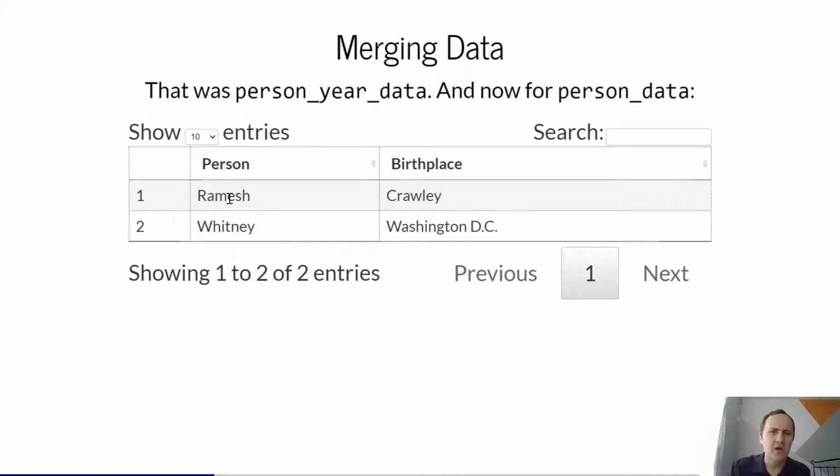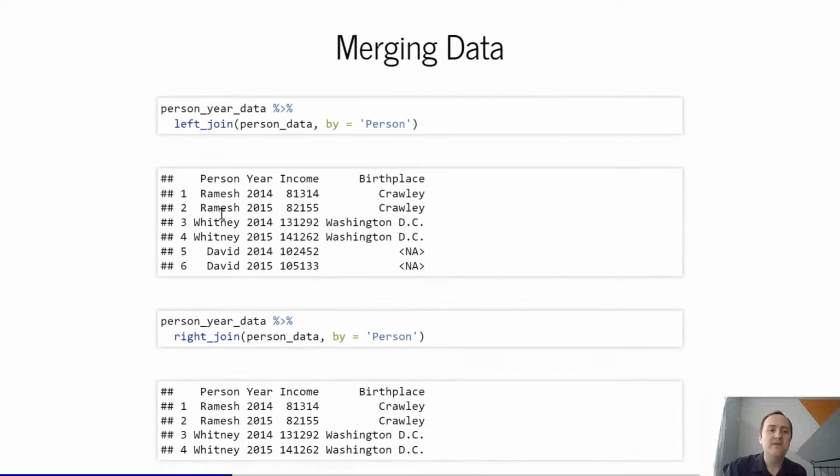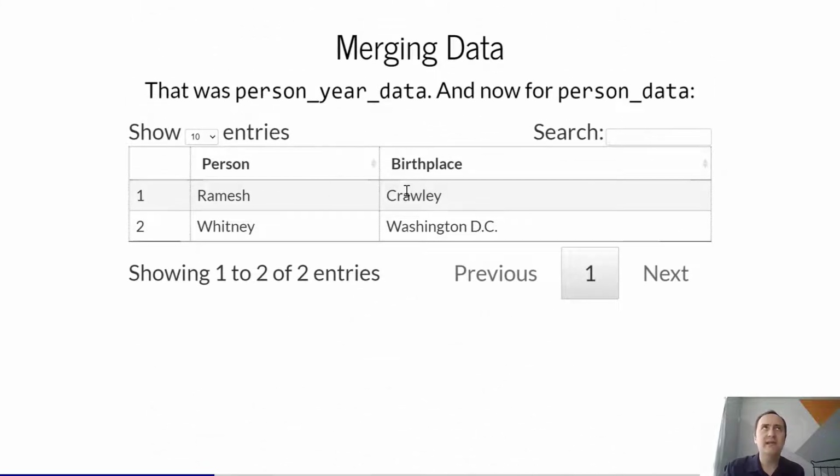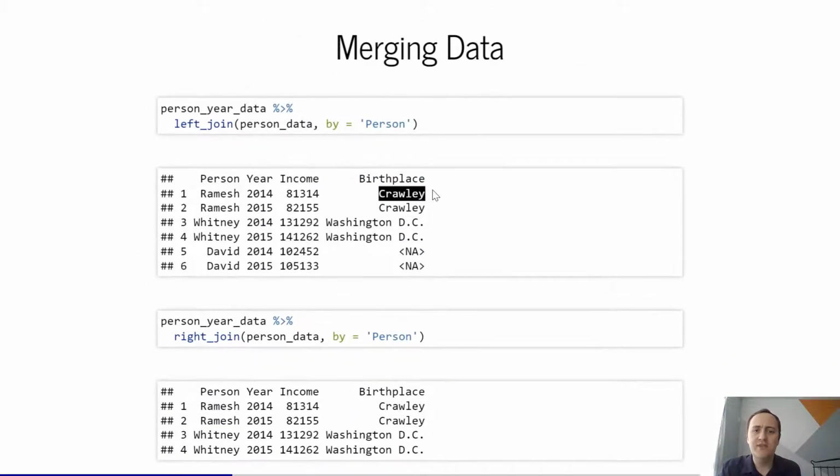So what would happen, though, if I listed two different birthplaces for Ramesh? Well, we'd go to join, and it would say, okay, we got this Ramesh data value over here. We're going to see what that lines up with on the right side. We got Crawley, and let's say we somehow listed both Crawley and London for Ramesh. Well, then which one would it get? Would this become Crawley, or would this become London?